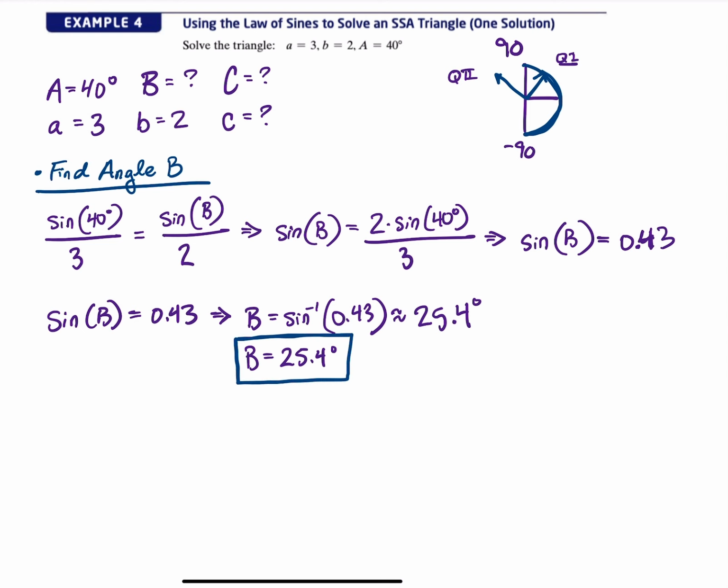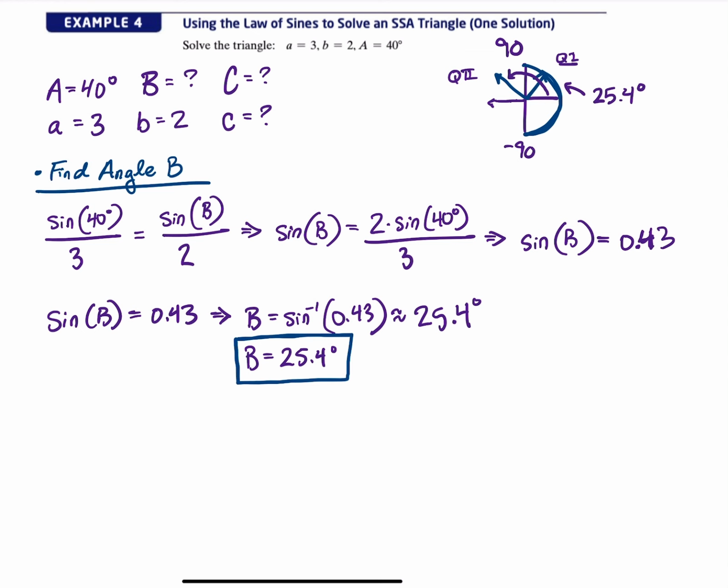But let's consider the angle in the second quadrant that would produce the same sine value. And using this diagram, if this angle here is 25.4 degrees, we would want this angle going into the second quadrant.